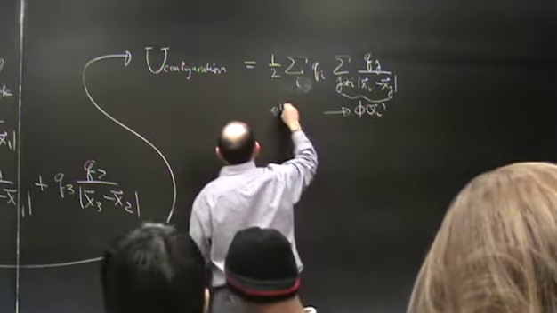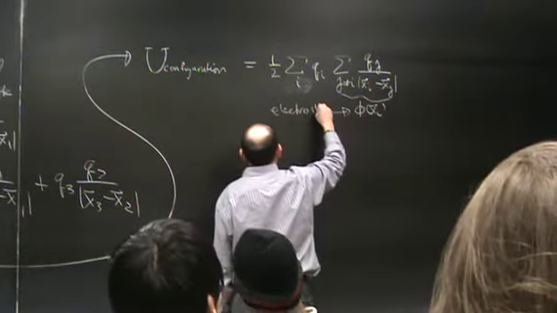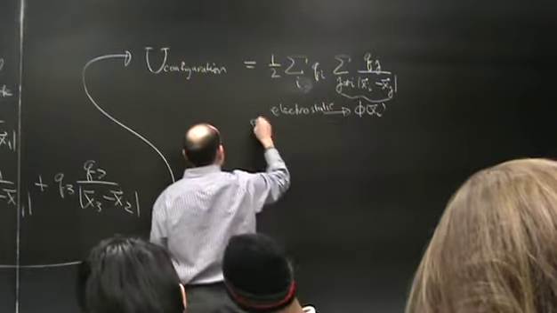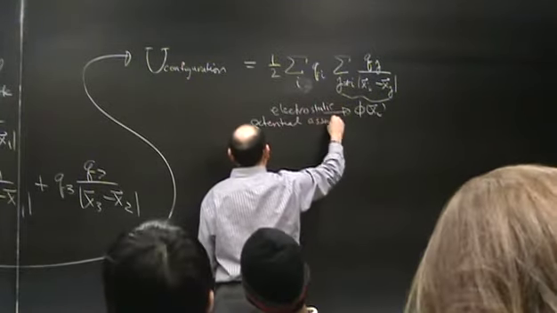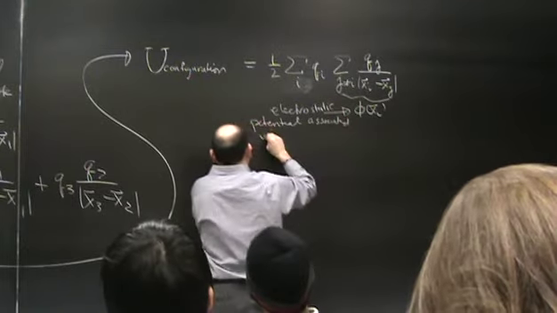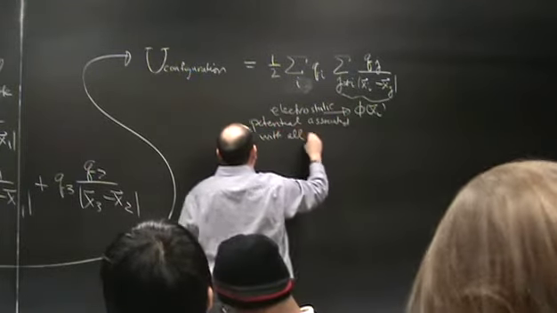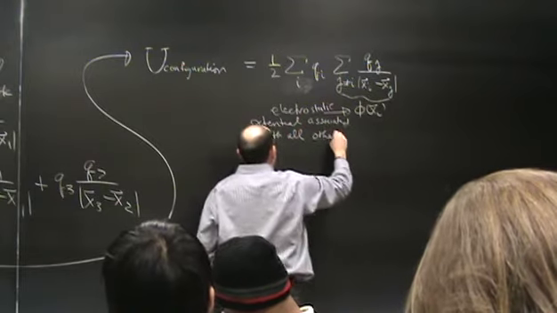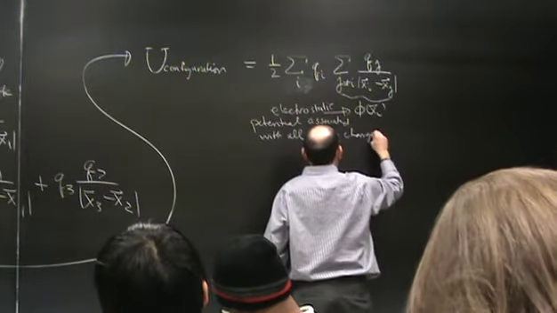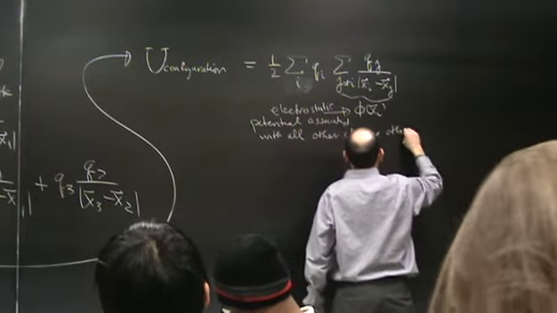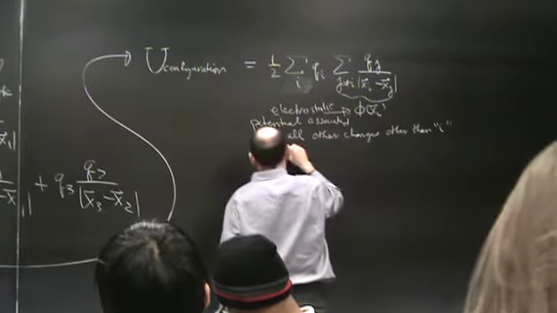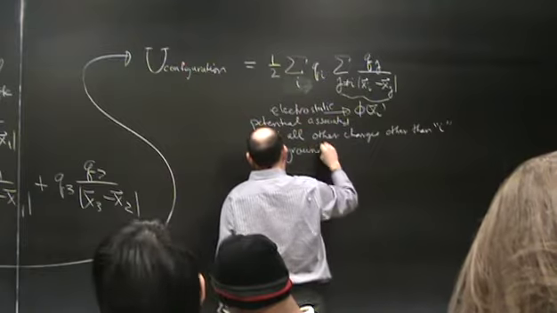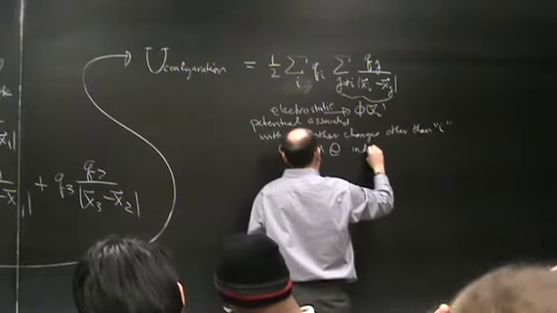This is the electrostatic potential associated with all charges other than i, with ground at infinity.